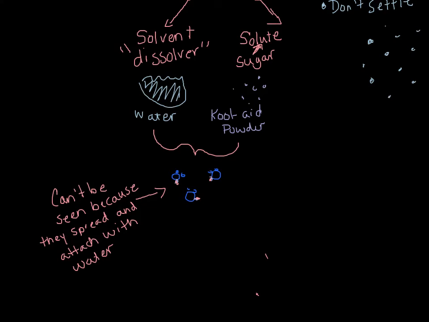So if you're driving and you put on your lights, the beams are actually going to bounce off and scatter, and so it's very hard to see through the fog because a colloid will scatter light.